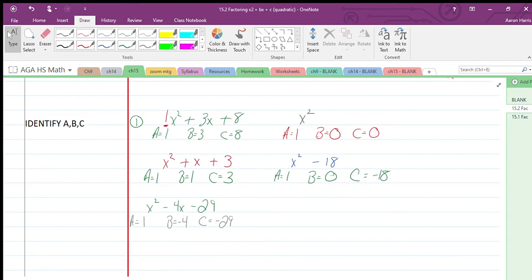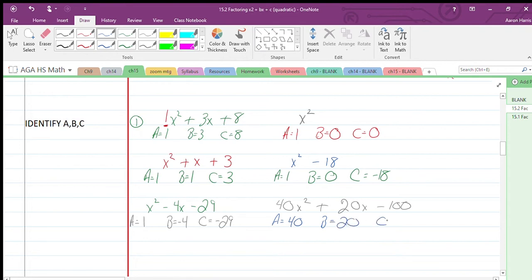Because actually, let's add one more. Let's do 40x squared plus 20x minus 100. What is A? A is equal to 40. B is equal to 20. C is equal to negative 100. Okay? So we can have A be something else besides just 1.